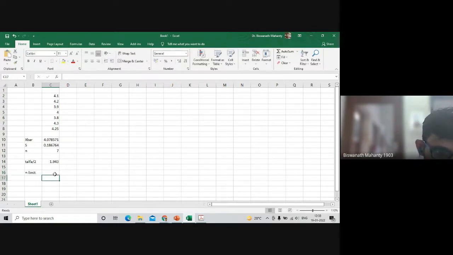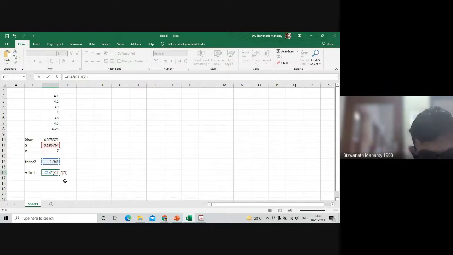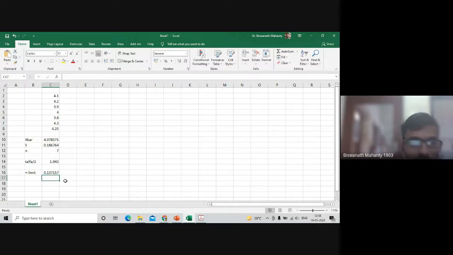What is that limit? That limit is T alpha by 2 into S divided by root n. N is 7, square root of 7. How much am I getting? 0.137.